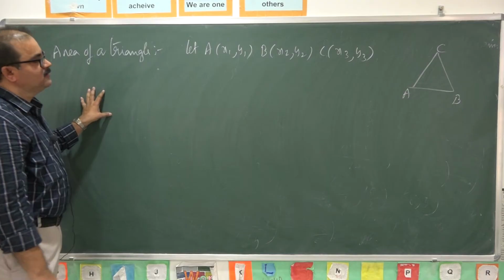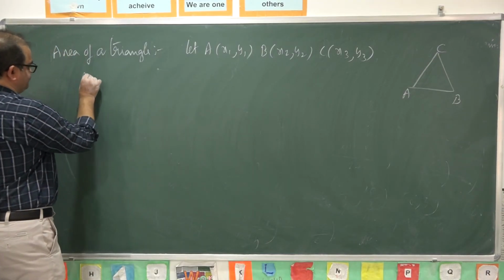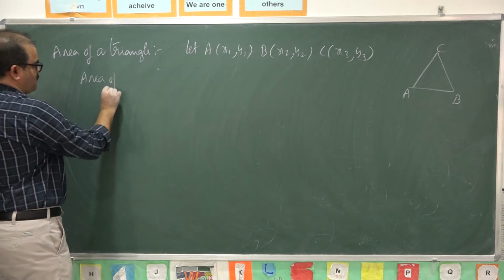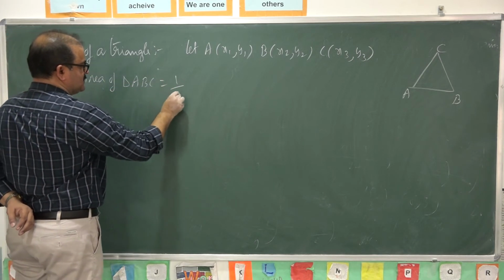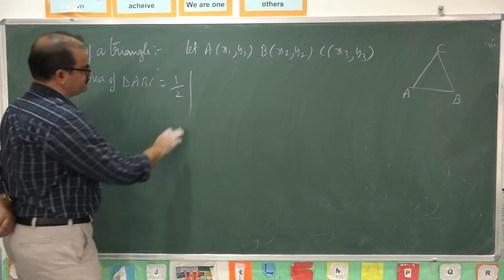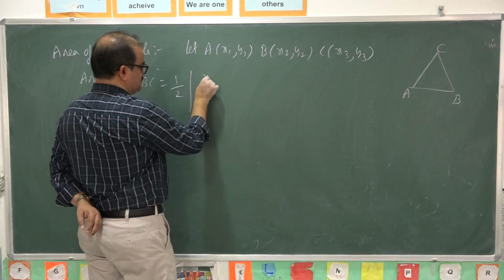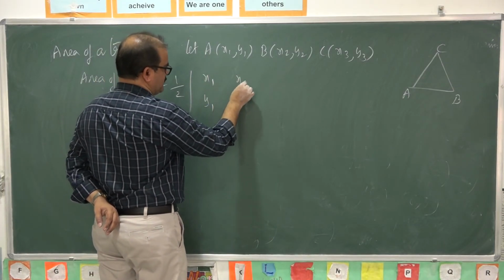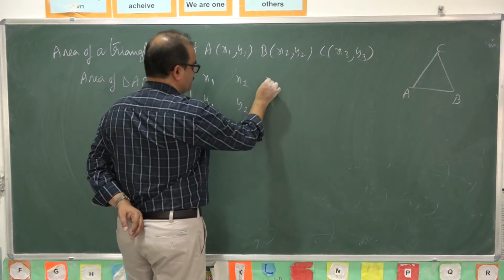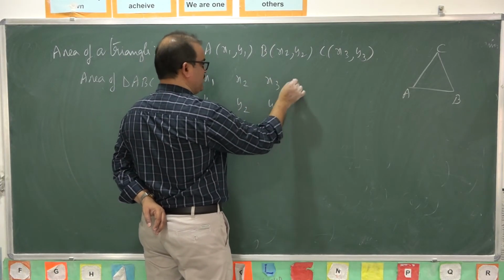Then the area of the triangle ABC is 1 by 2 into modulus of, you write the coordinates x1 y1, x2 y2, x3 y3 and again you write x1 y1.